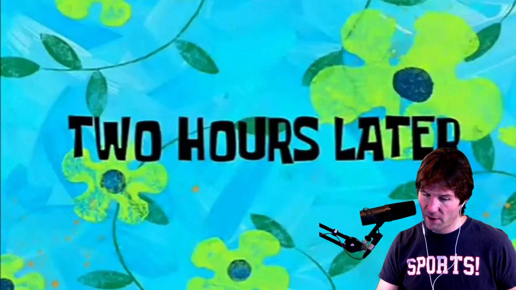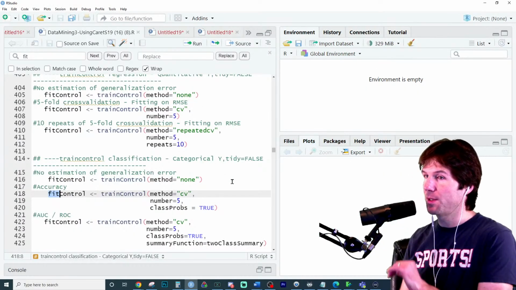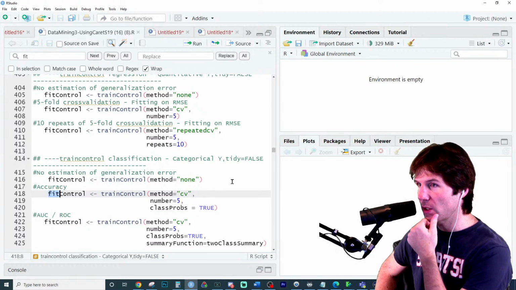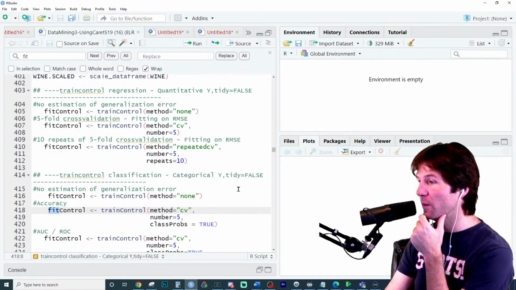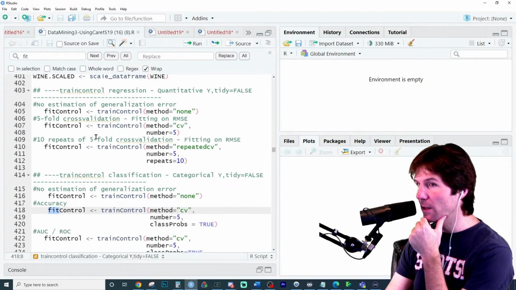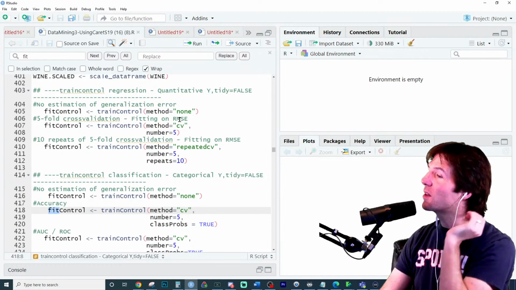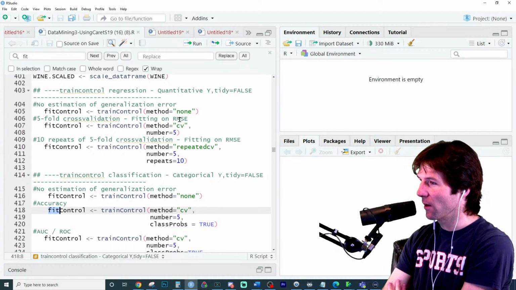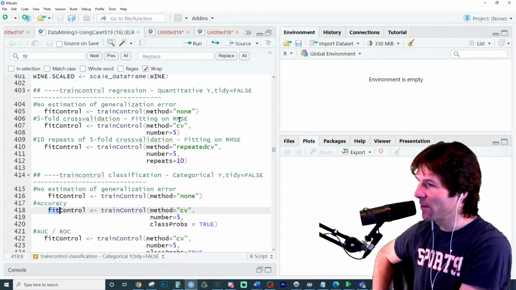The Y variable of interest, and these were notes we took yesterday, is going to be a huge part of how we set up our fit control. Because if the Y variable is quantitative, we're usually going to fit, and you could fit on another metric. I prefer RMSE if someone really loves MAE or MASE. I don't think we can get MASE right here. So for those in 475, I don't think it fits towards MASE.